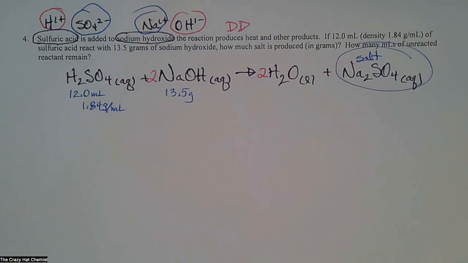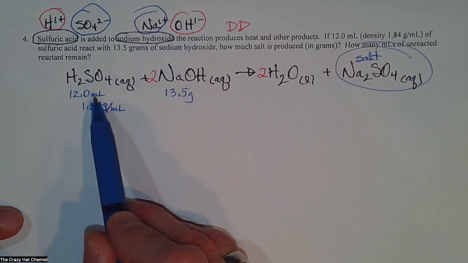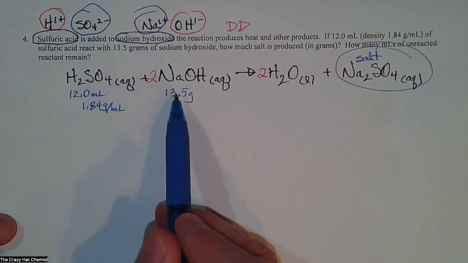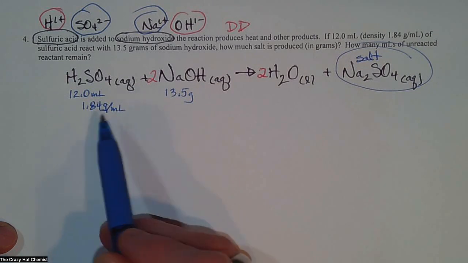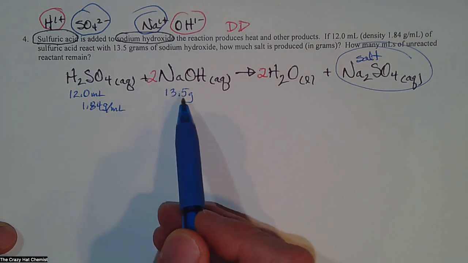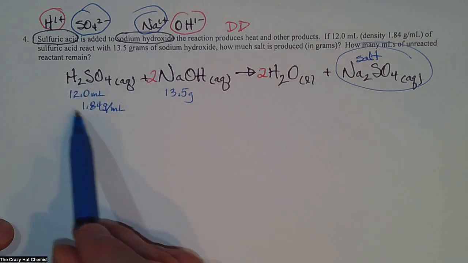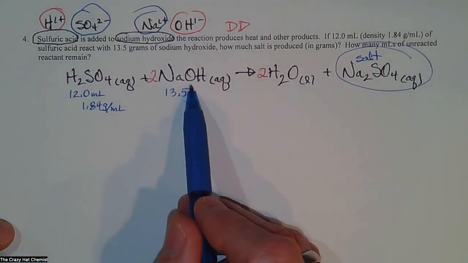This is a very important concept because this problem is a limiting reagent or limiting reactant type of problem. The reason I know that is because I have numbers for both reactants.